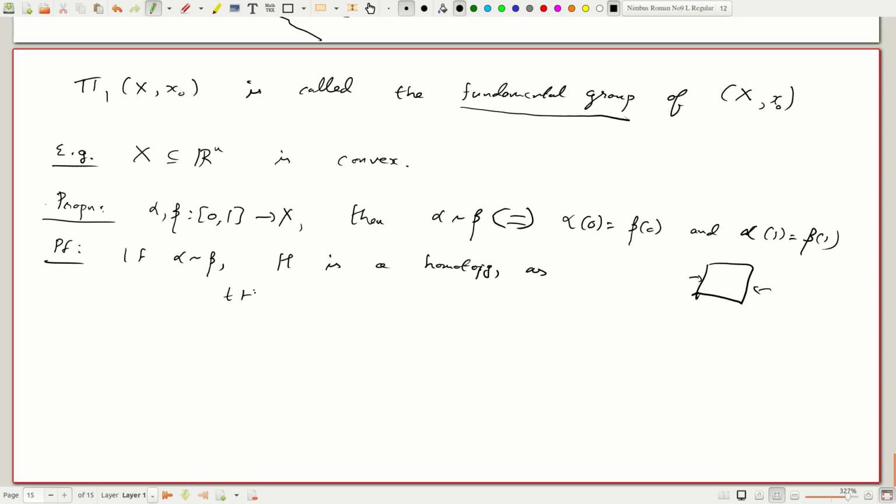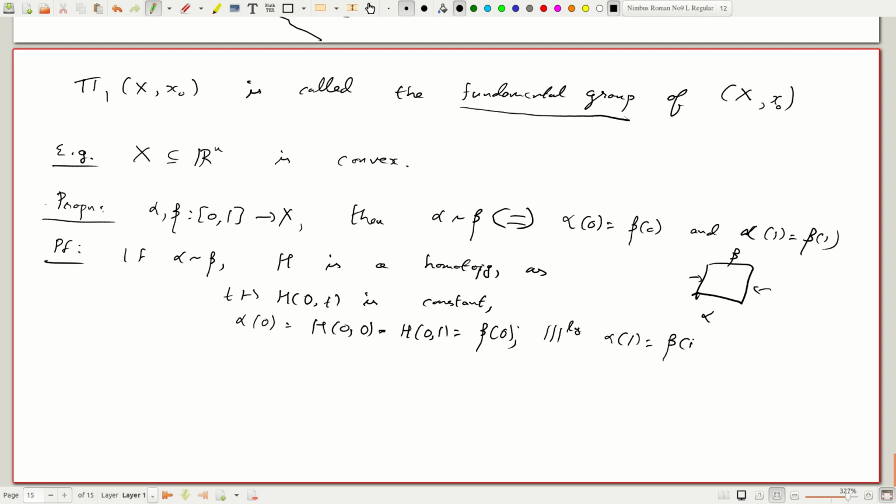So T mapping to H of 0, T is constant, then we have alpha of 0, which is H of 0, 0, because we have alpha below and beta above, is the same as H of 0, 1, but that is beta of 0. Similarly, alpha of 1 is beta of 1. This is a general fact we'll use later also. I could have stated it as a separate proposition, but we'll state it later as a separate proposition and recall this proof. But how about the converse?